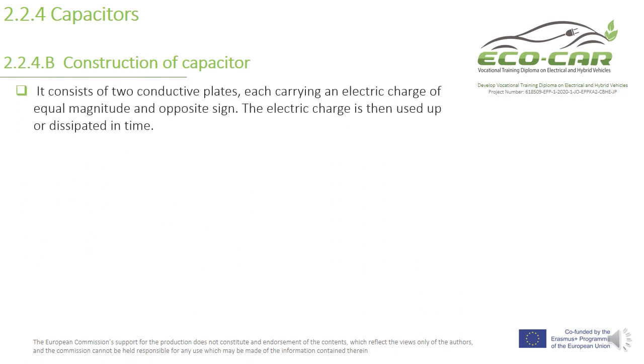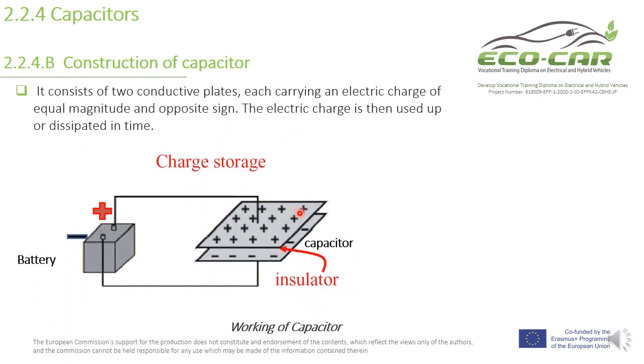Construction of a capacitor. It consists of two conductive plates, like this, two plates here. Each plate carries an electric charge of equal magnitude and opposite sign.